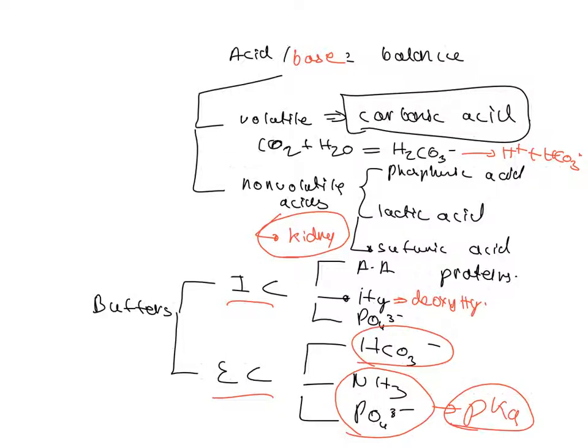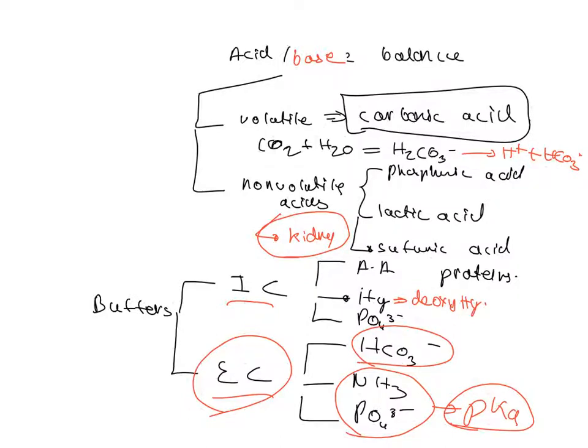Then the next one is extracellular buffers, which also includes ammonia and phosphate. The difference is which is a better buffer at the end of the day in the extracellular fluids. Obviously, we will think that ammonia and phosphate have a really good pKa, and therefore they are prone to adjust in acid-base disturbances.